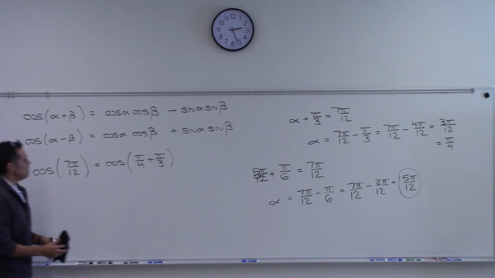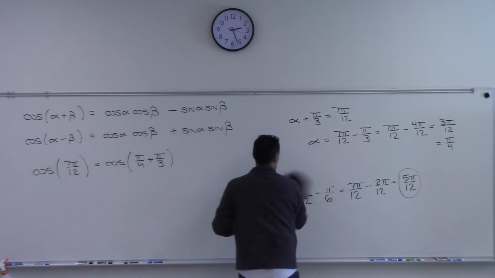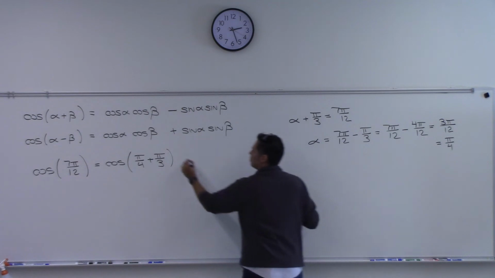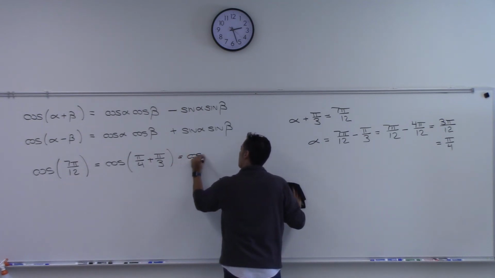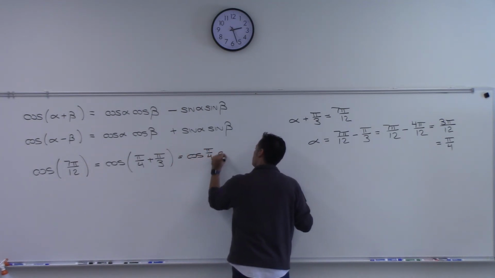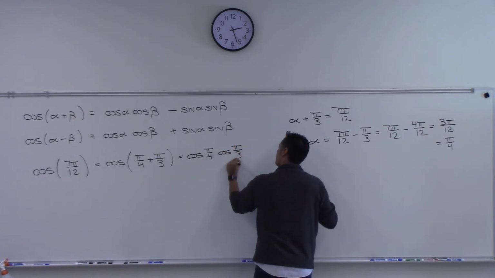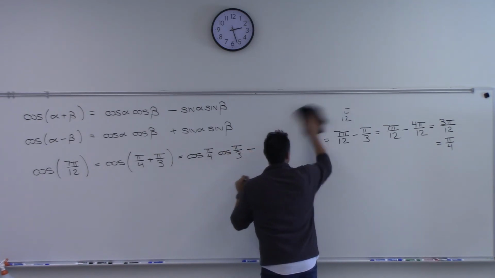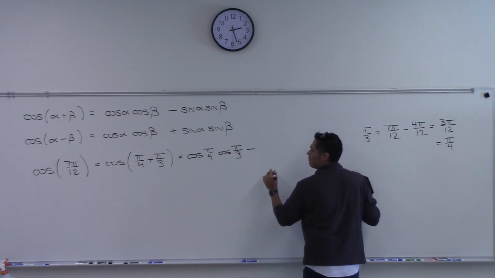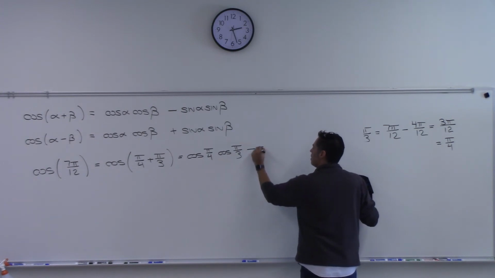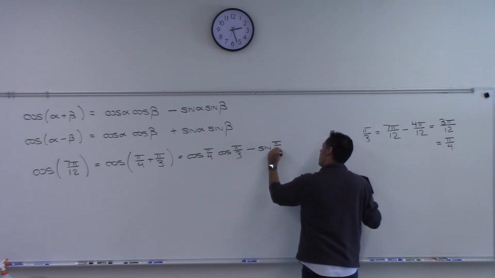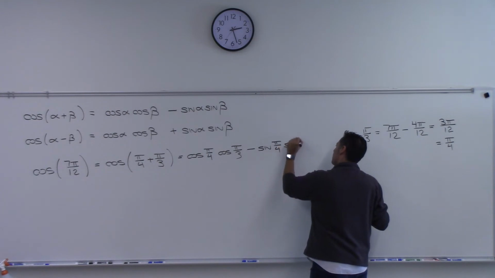And now we go into the formula, right? So this should be, according to the formula, cosine of pi over 4 times cosine of pi over 3 minus, because the formula has a minus there, sine of pi over 4 times sine of pi over 3.